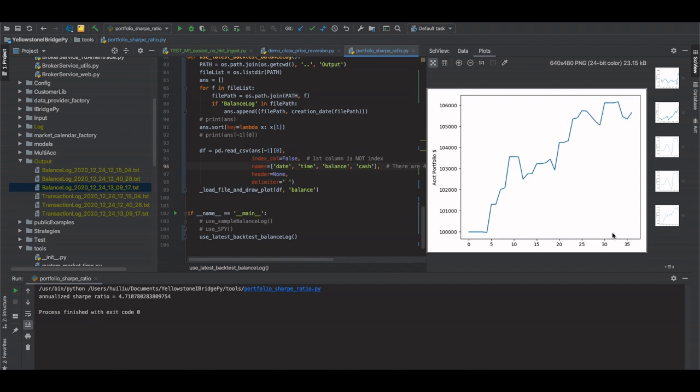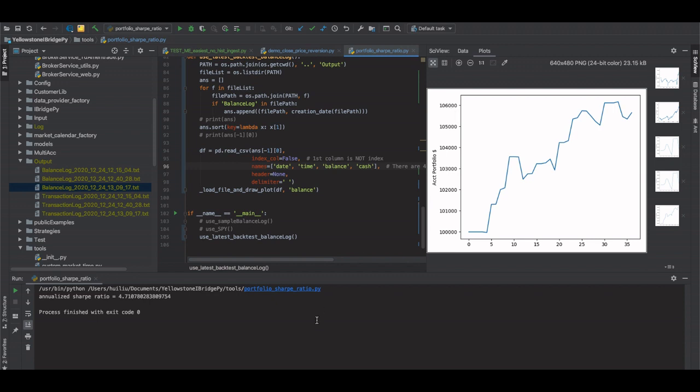Oh, this is the number of days in your backtesting. So you can see the transactions go like this, and it sounds like a pretty promising strategy, and the return is 6% already.